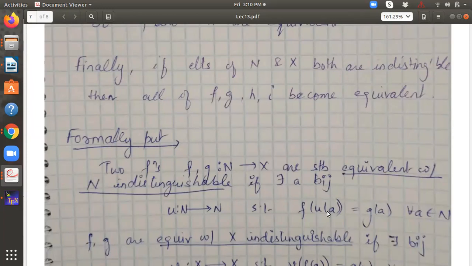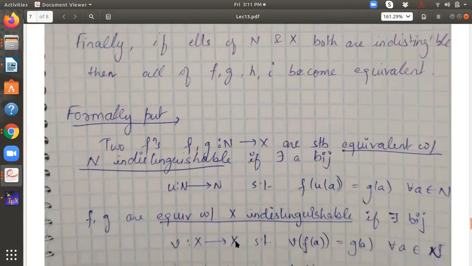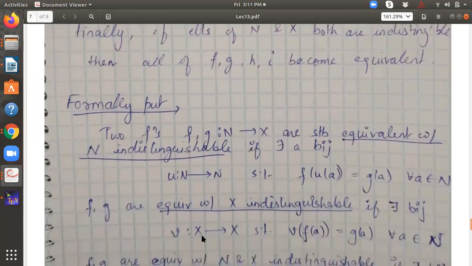Similarly, when you want to look at f and g from n to x to be equivalent with x indistinguishable, here we were dealing with n indistinguishable. Now if x is indistinguishable, this would happen only if there is a bijection v from x to x such that what f would have taken a2 and what g would have taken a2 is involuted through my function v.